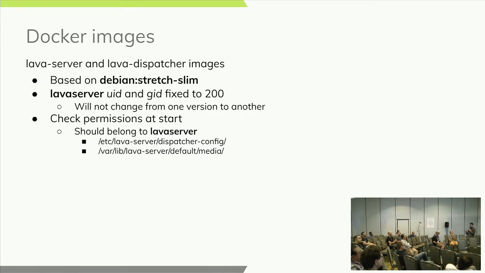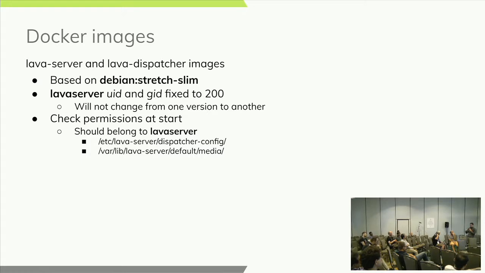Why have we done that? Because if you were using the Docker container for a long time, when we create the lava-server user, if you don't specify any user ID or group ID, it will take the next available one. When you create the base Buster image, you install many packages, and if any of these packages creates a user, your user ID for lava-server will change.